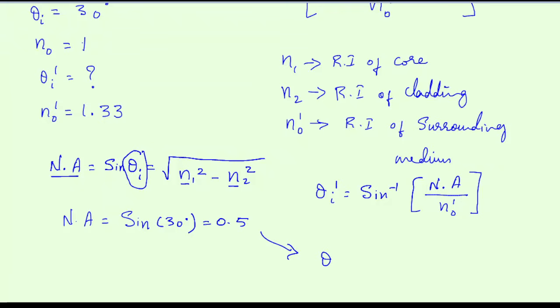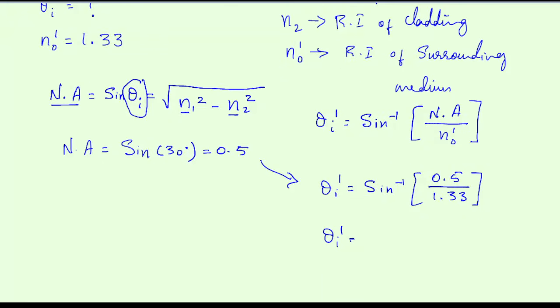Then theta I dash will be sine inverse of 0.5 divided by the refractive index of water, which is 1.33. Sine inverse of 0.5 divided by 1.33 gives us 22.082 degrees. So the angle of acceptance when the optical fiber is placed in water is almost 22 degrees.